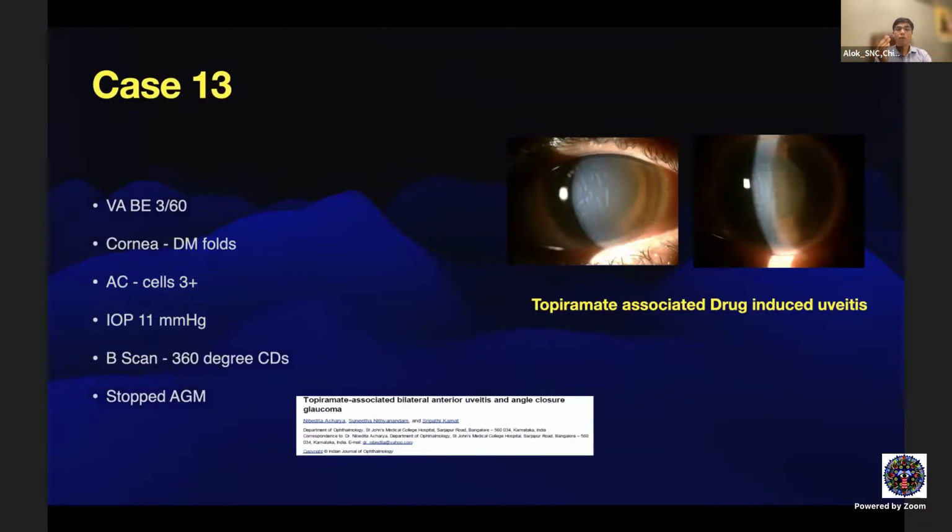The IOP was now 11 millimeter of Hg, and the patient developed 360-degree choroidal detachment. So we stopped all the medication, and we made a diagnosis of topiramate-associated drug-induced uveitis, and this was probably accentuated when we gave the patient Diamox, which is also a sulfonamide group of drug.